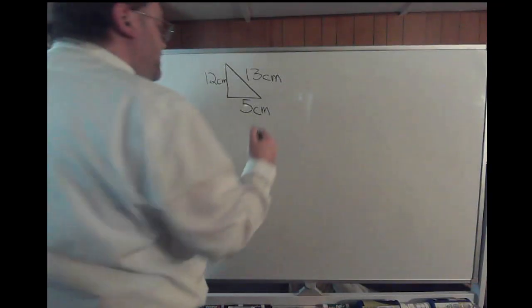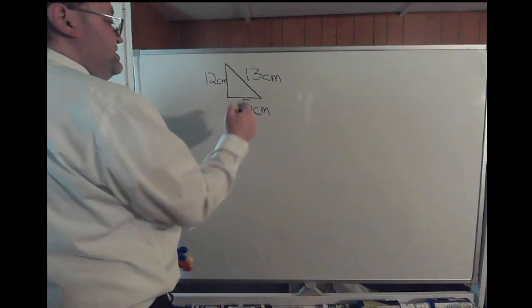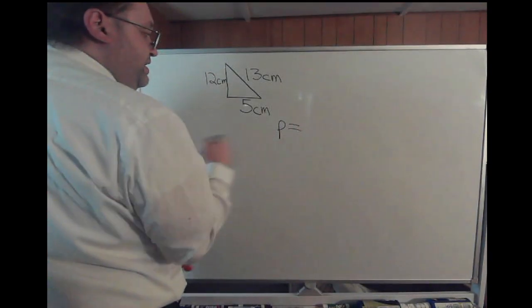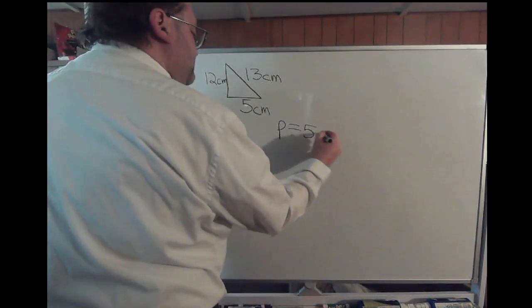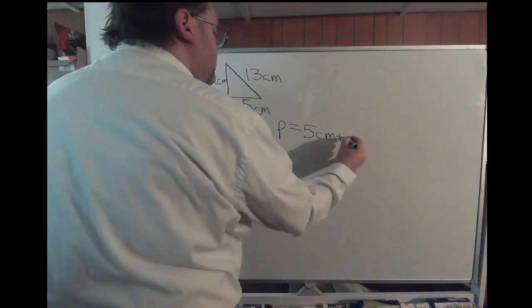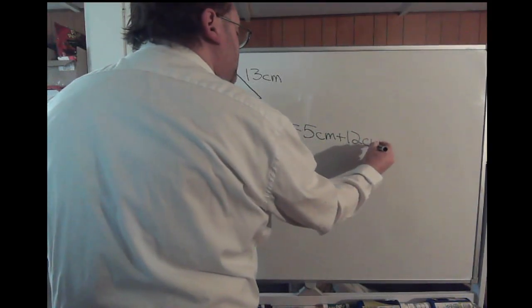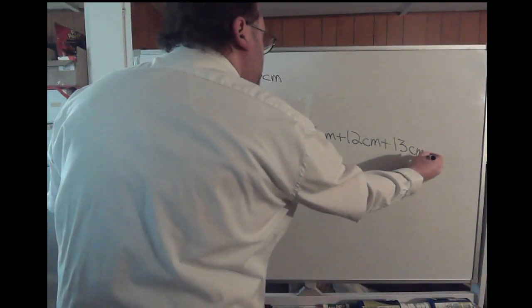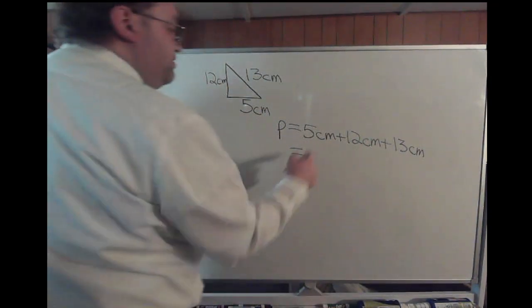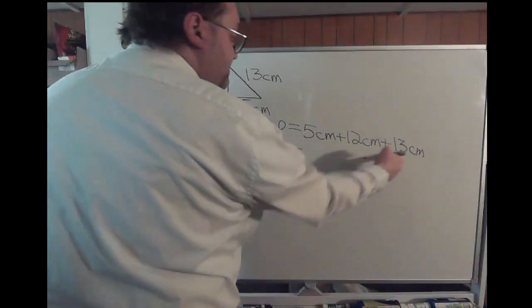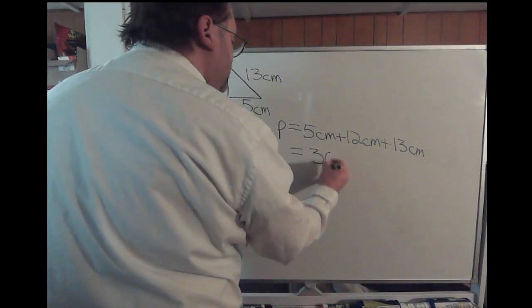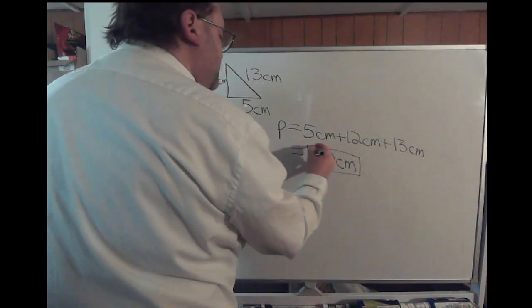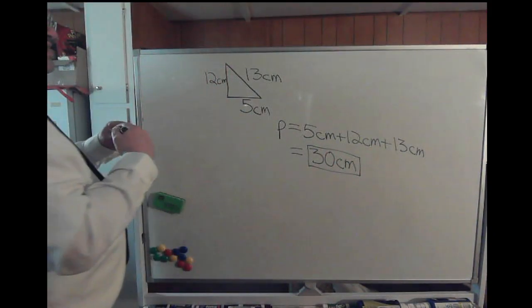So if you add up the sum of the sides, so the perimeter, which is lowercase p, is equal to 5 centimeters plus 12 centimeters plus 13 centimeters. Which, when we add these together, 5 plus 12 is 17 plus 13 is 30. So the perimeter would be 30 centimeters. That would be the distance around the triangle.